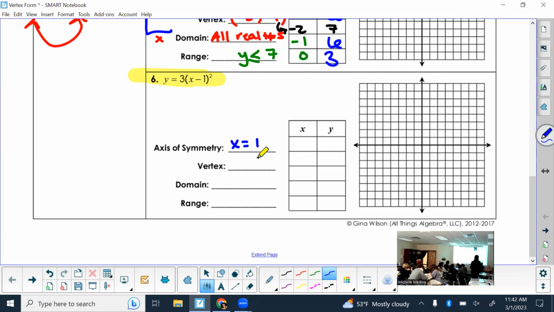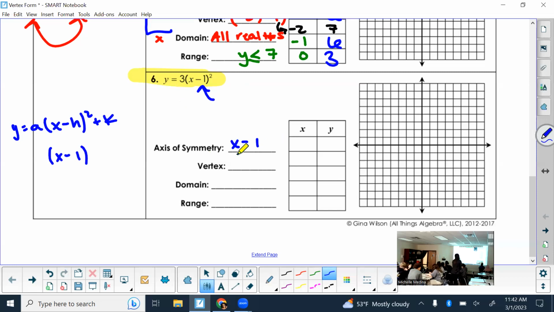So yeah, if it's a positive one, remember this is our vertex form, the same formula that you wrote up top. If you need to actually plug it in to see if it looks like that in the formula, then do so. But the number that's with the X in the parentheses is your H, and it has the opposite sign of how it looks in the equation, okay?